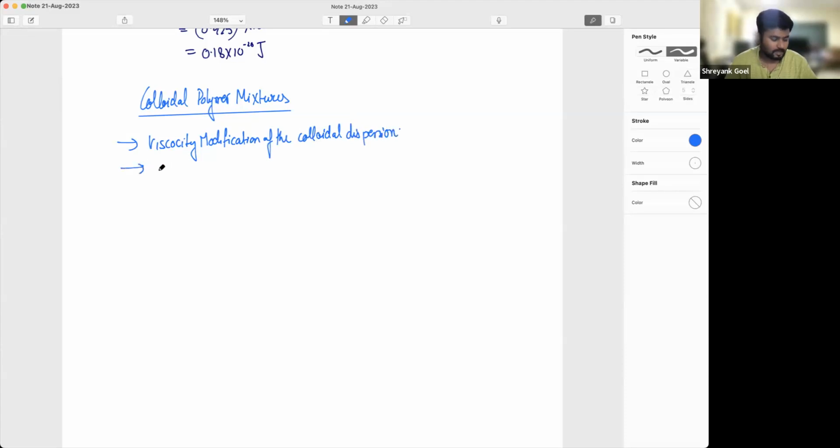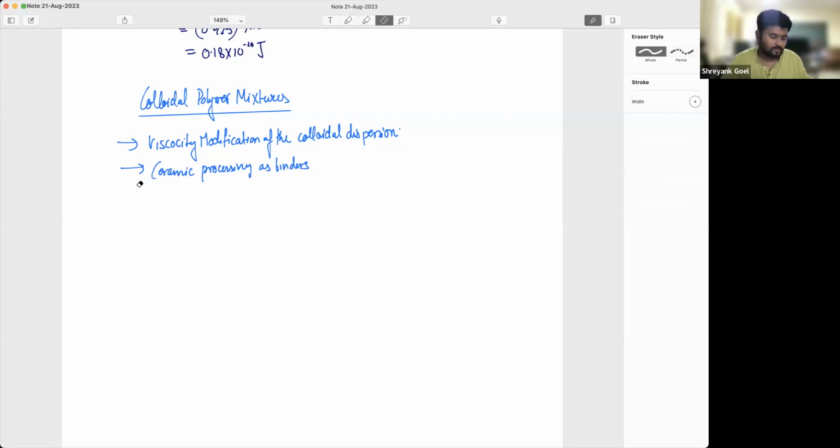Then there are many others, like in ceramic processing, as binders. So these are some of the reasons why we have to make the colloid polymer mixture.